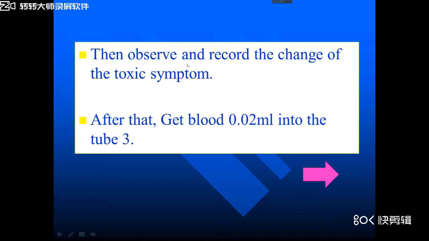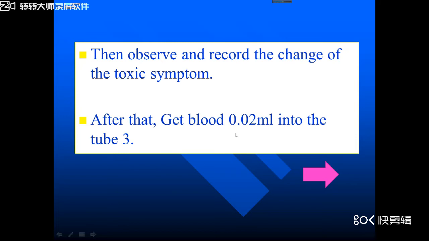Then observe and record the change of the toxic M and N signs again. After that, get 0.02 milliliter of blood into the third tube, and later we use this blood to test the level of cholinesterase.